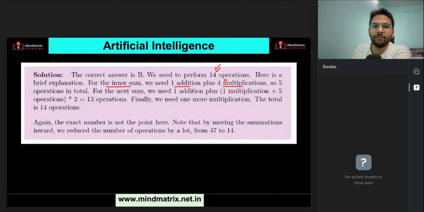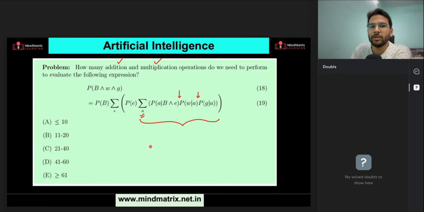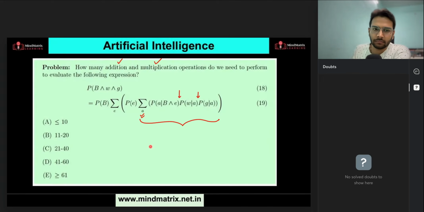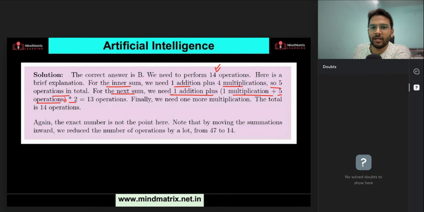Correct? Then what after that? You can see here, so 5 operations in total so far. Now for the next sum, that means the summation over E. So we have 1 addition plus 1 multiplication plus 5 operations into 2. So carefully see this, how we are doing it. E is also a binary random variable, so 1 addition would be there. So that is the reason we are having this 1 addition over here.